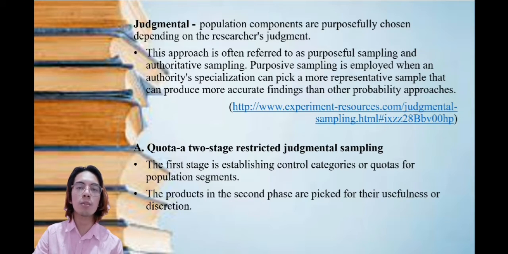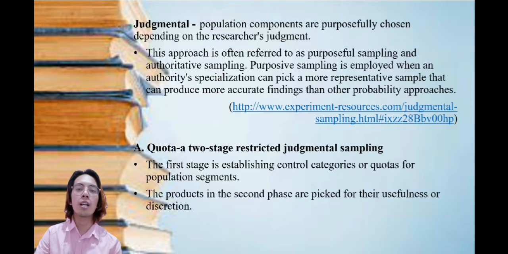Authorities with specialization can pick a more representative sample that can produce more accurate findings than other approaches. The technique consists of handpicking individuals from the community based on the researcher's expertise and judgment.